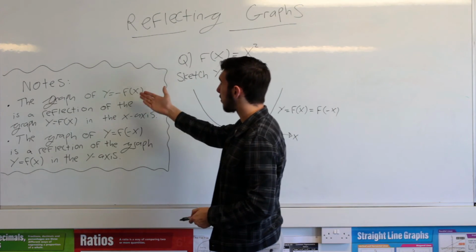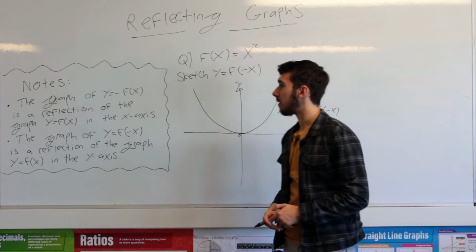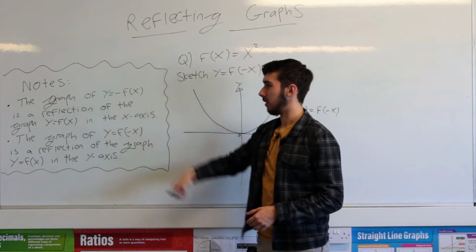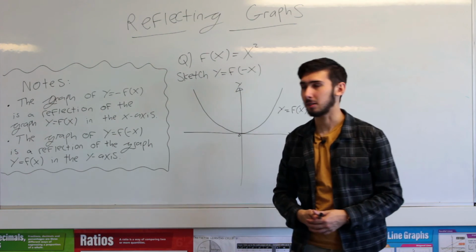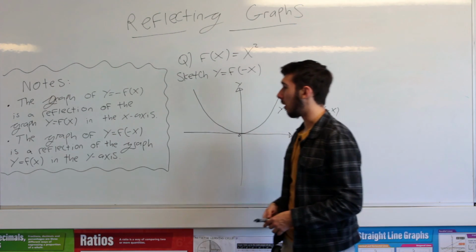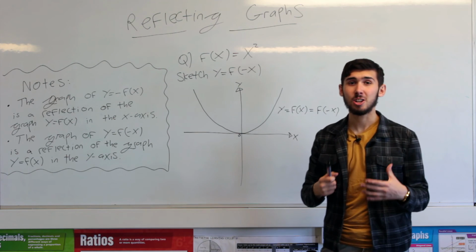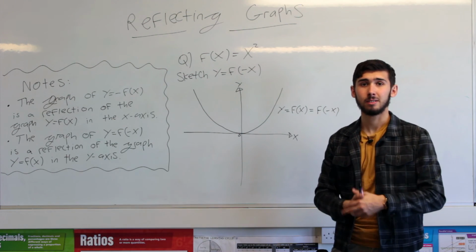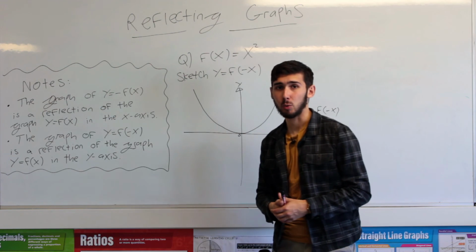If you plot f of x, but make the whole thing negative, it's going to be a reflection in the x-axis. If you plot f of x, but change every x to a minus x, it's going to be a reflection in the y-axis.